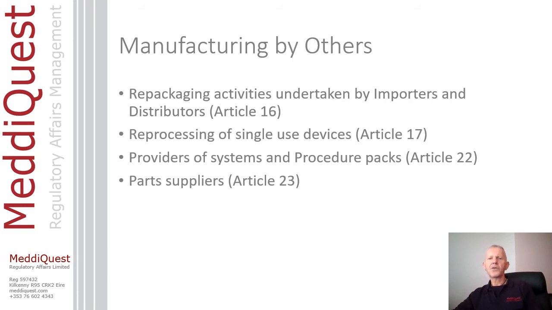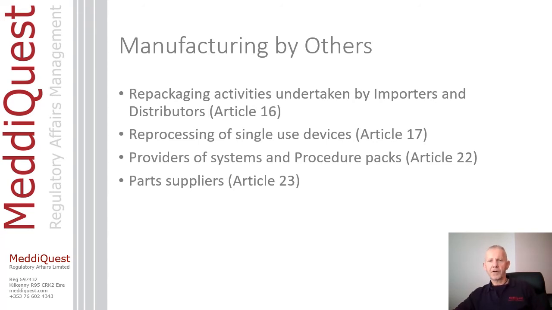So, for example, you may have importers and distributors who take on repackaging activities. Perhaps they put in a local language labeling or some specific local language requirement of the health service for some additional labeling.